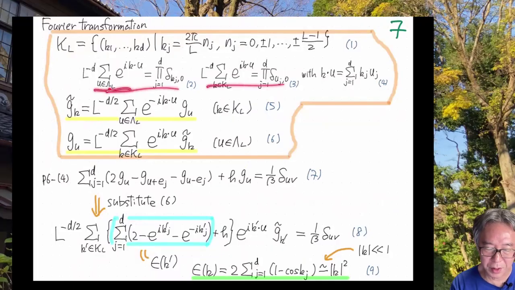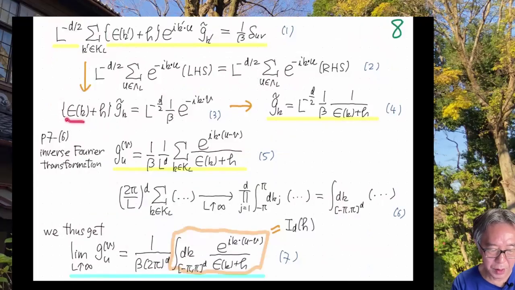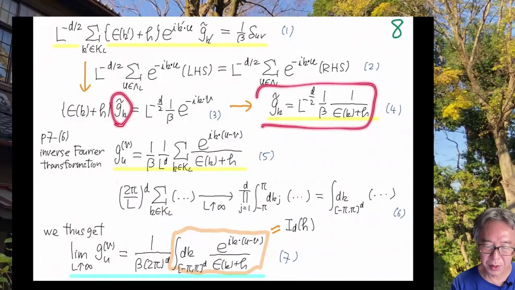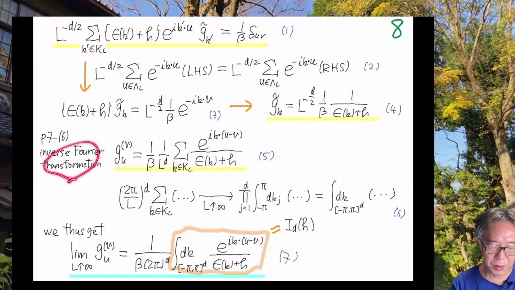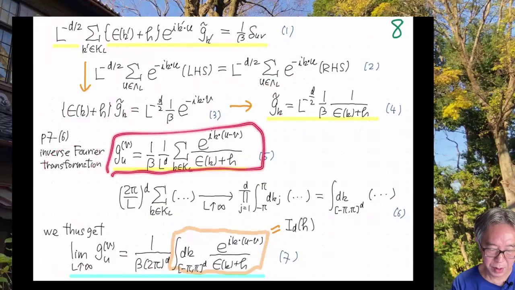Anyway, one of these things, the left-hand side becomes exactly this. And the right-hand side, if you simply compute, you get this. Okay, so you can solve for G tilde and you get this. Okay, and now you just plug this into the inverse Fourier transformation and you have this.